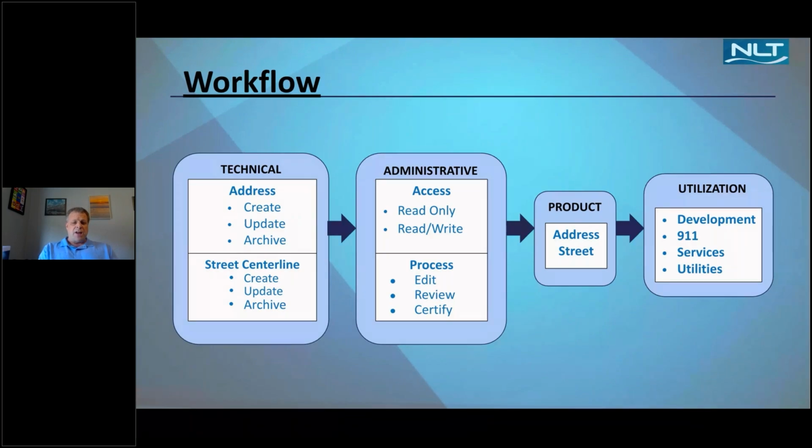Usually address maintenance is also coupled with street centerline, although street centerline is usually outside the purview of whoever's maintaining the addresses, because street centerlines also serve as a transportation network and have additional application uses on top of what addresses are. But there is a component where the street centerline, especially the street names tied to addresses, have to be synchronized.